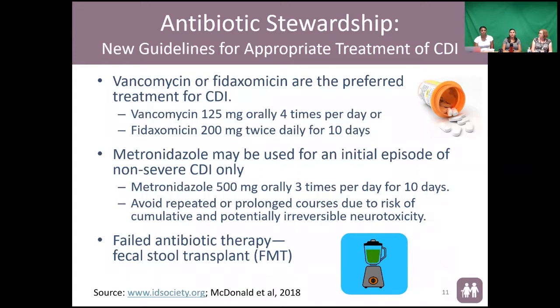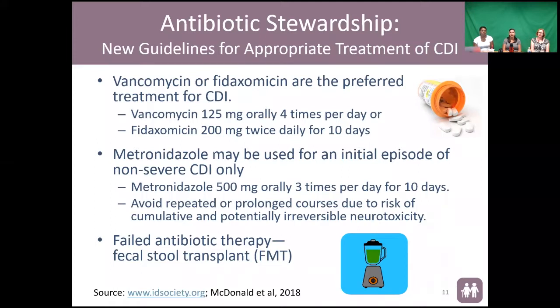In our facility, we recommend vancomycin first and then fidaxomicin second. The reason why is the cost difference. Fidaxomicin is quite expensive, although it is shown to be effective in treating C. diff. The problem happens where you may say, okay, we've treated this patient with multiple courses of vancomycin.